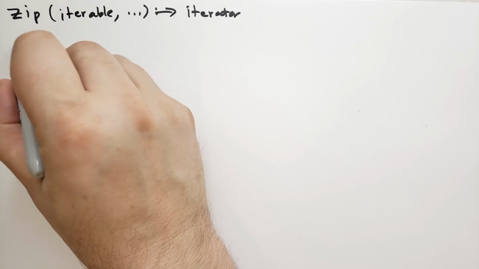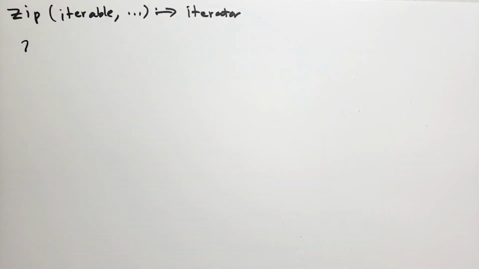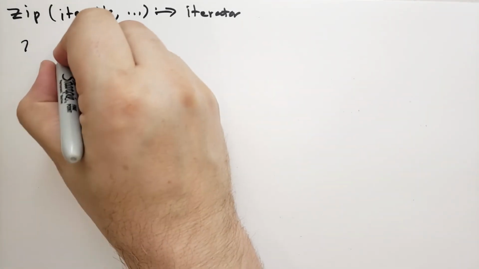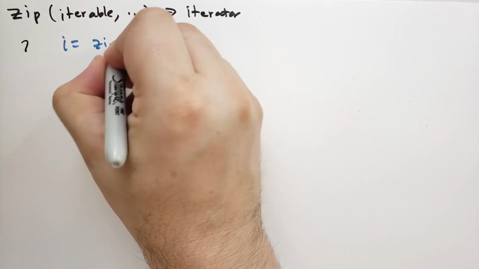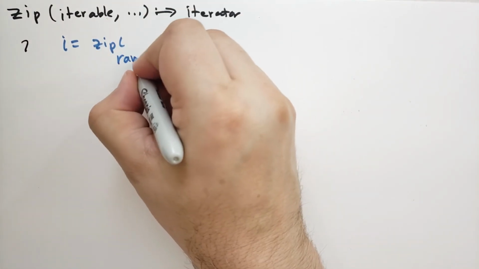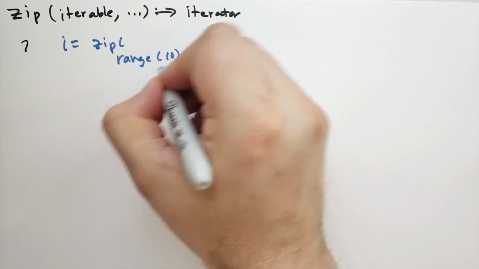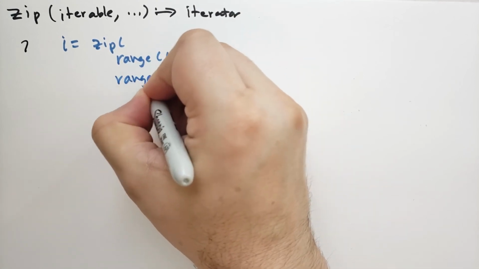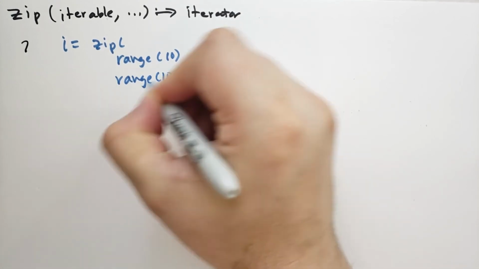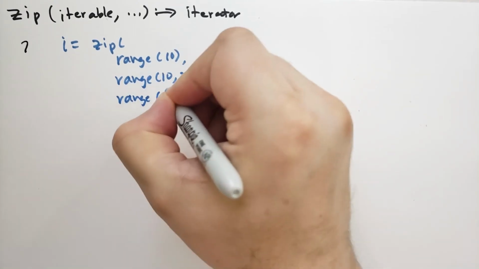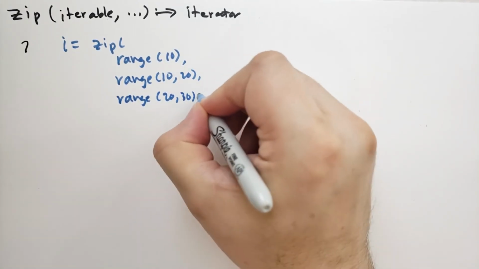a tuple. So for instance, if we called zip, let's use a different color here. Let's say i is equal to the zip of range 10, range from 10 to 20, and range from 20 to 30.